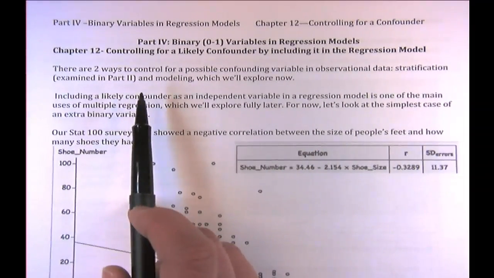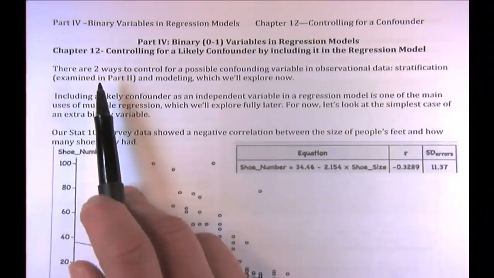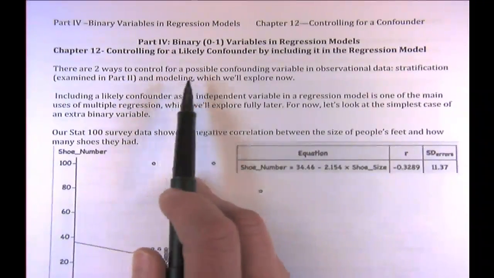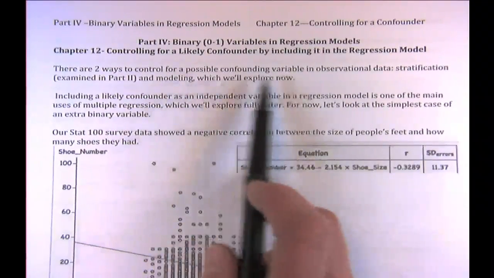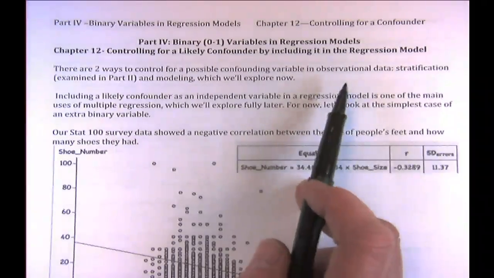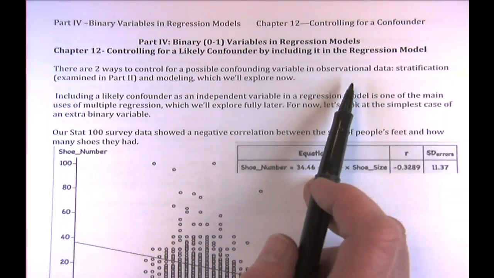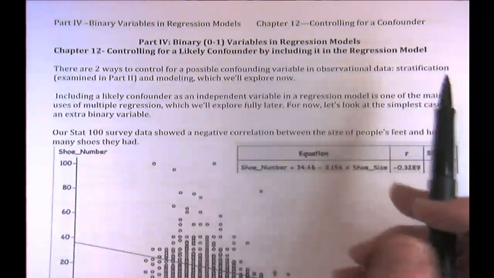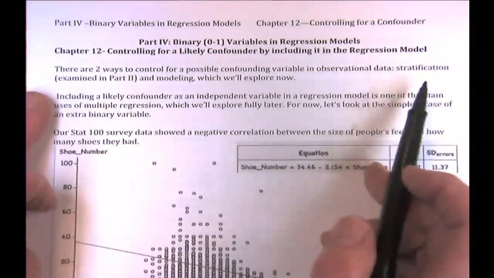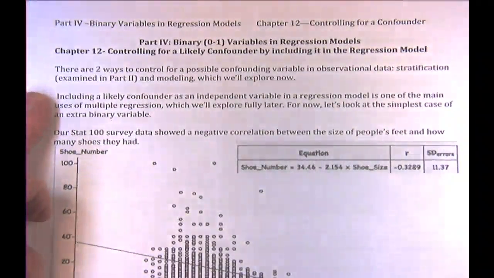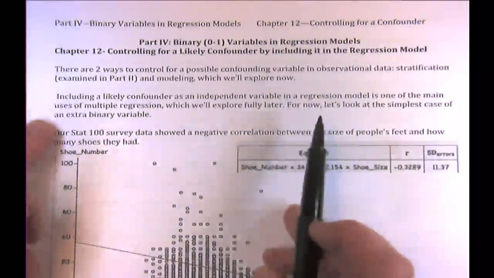And we talked about, in part two, how there are two ways to control for a possible confounding variable in observational data. We looked at stratification as the first way, and then we talked about modeling as the second way, and that's what we're going to explore now.